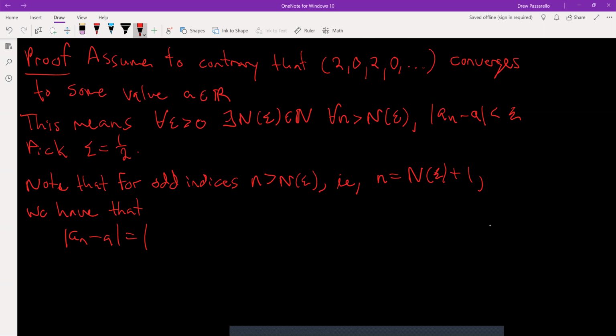So it would be 2 minus a. Well, a is just our limit that we're interested in, so it's the absolute value of 2 minus a. And that's less than epsilon, so that's less than 1/2, because that's our epsilon value that we chose.